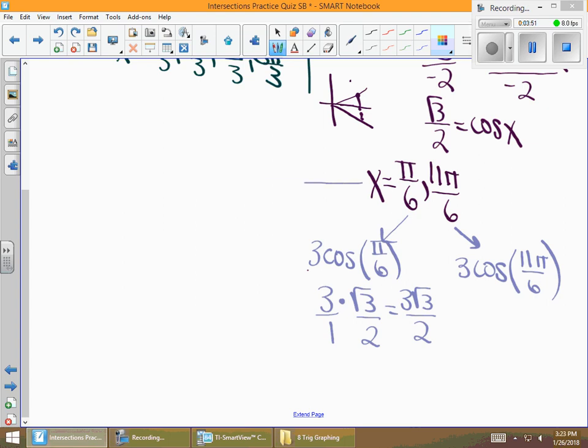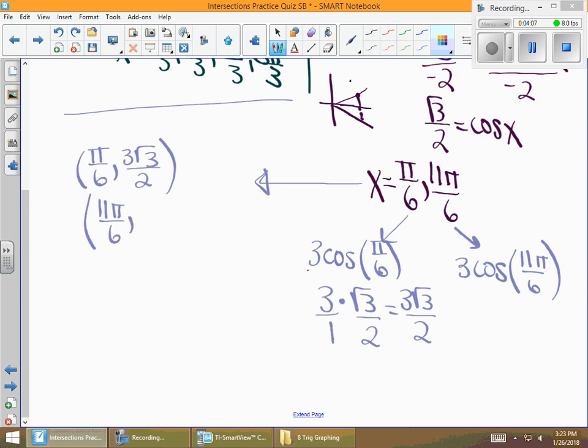You are welcome to find the decimal approximations for these, but it is definitely not required. There are your ordered pairs. Great. I hope this review helps.